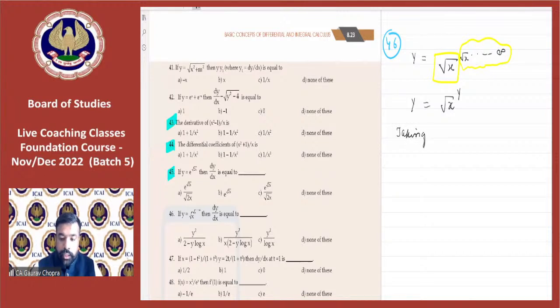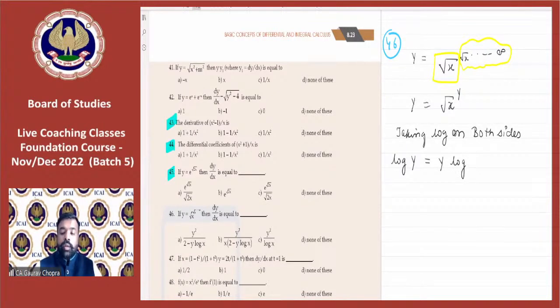So taking log on both sides. So what is the derivative? What is the log? It becomes log of y is equal to y log of root x.